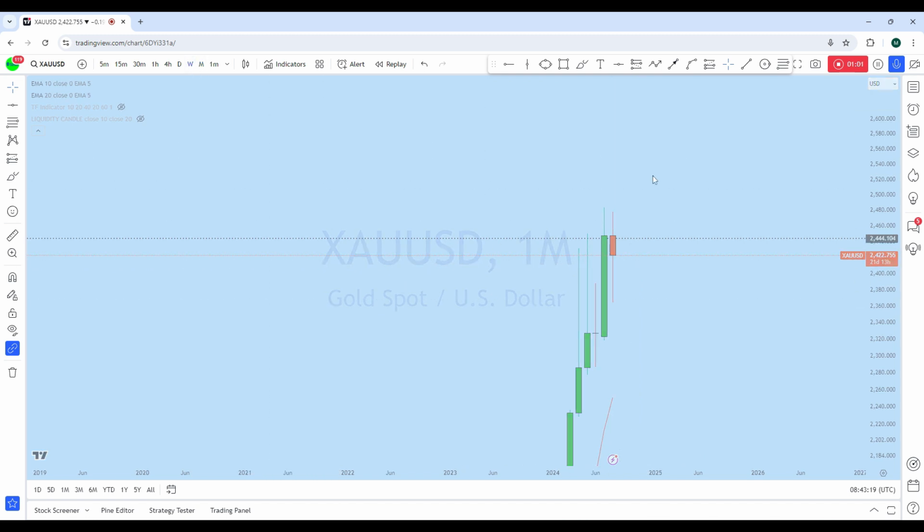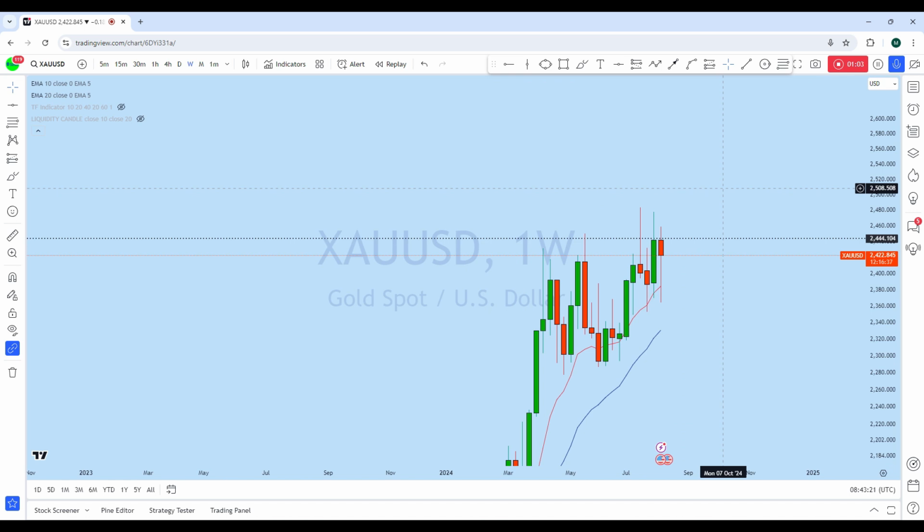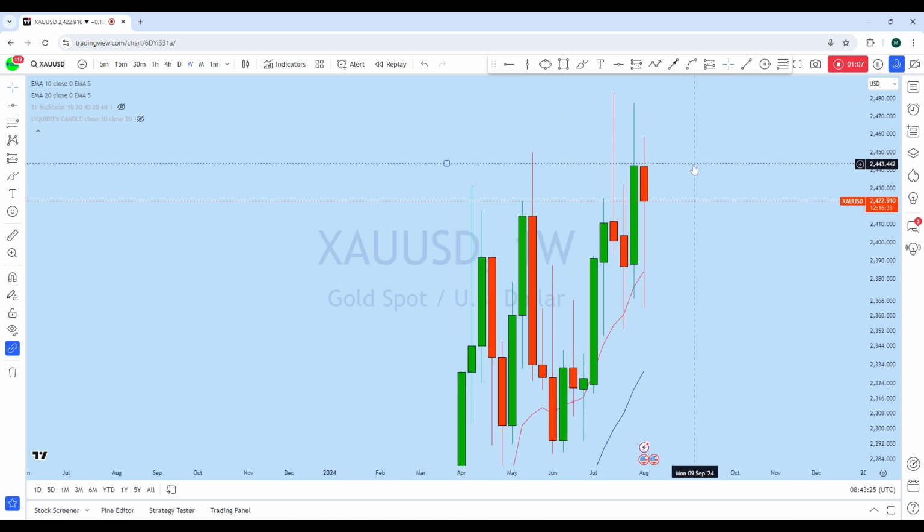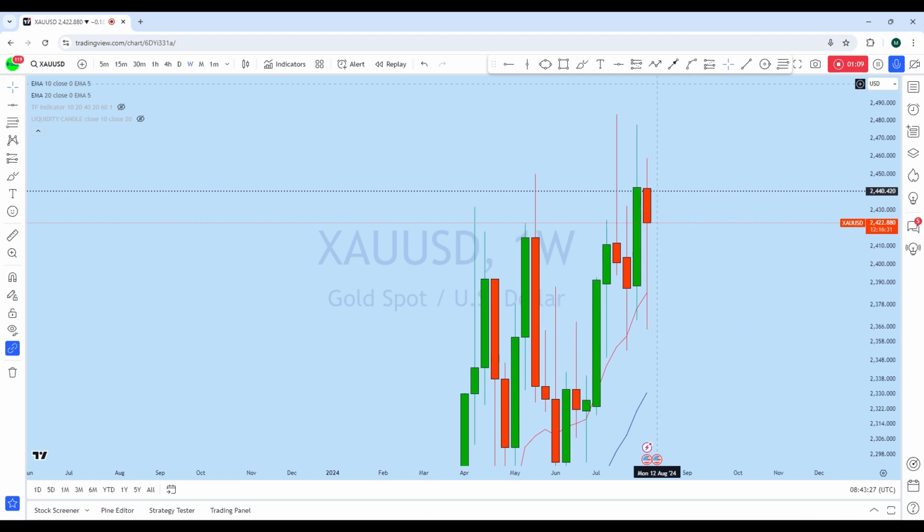Dropping down to the weekly chart to see how the price action is forming. Now from the weekly we can see that there is a weekly candle, and this weekly candle forms series of lower high in that area, and at the same time there is a long wick at the bottom.